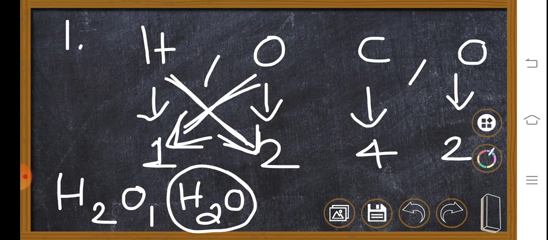And if they are not divisible by a common number, then write it as it is. I am going to tell you how to divide by a common number.